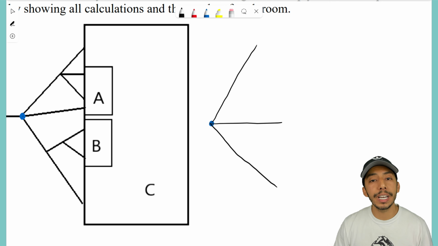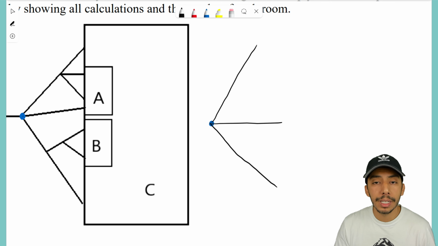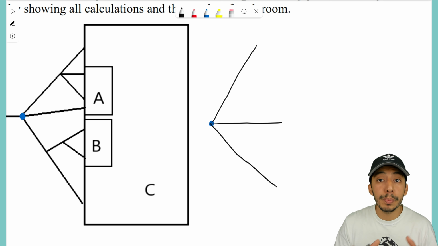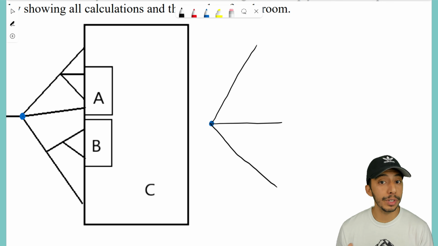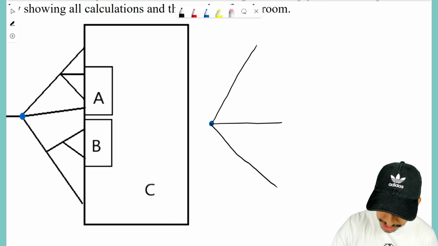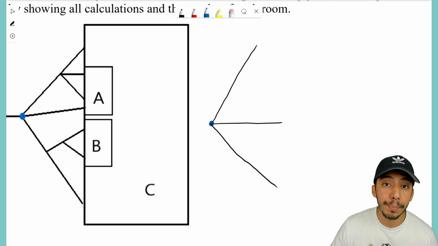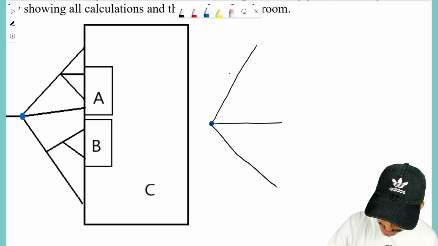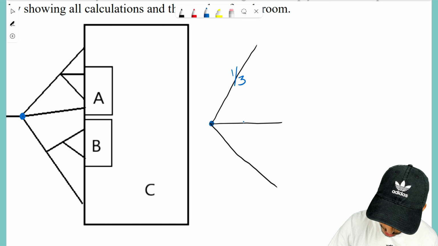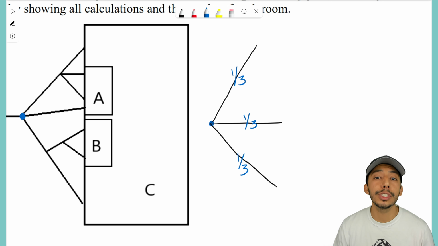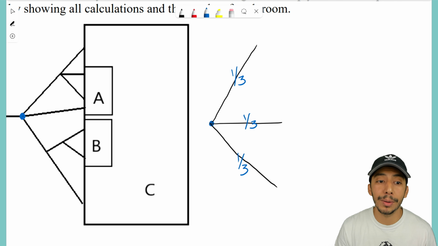And the question said, whenever he gets to a fork in the road, he's going to go down each path randomly. There's an equal chance of that happening. So if I have three different ways to go, the fraction that I'm going to put for each path along that route is 1 out of 3. Because if there are 3 ways to go, he has a 1/3 chance of going down each route.